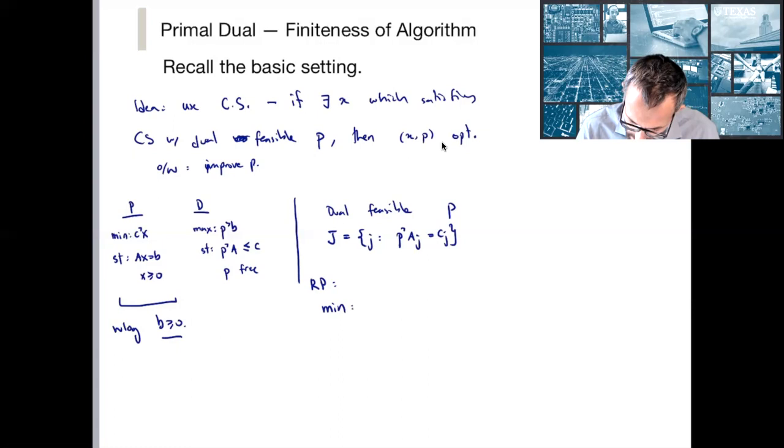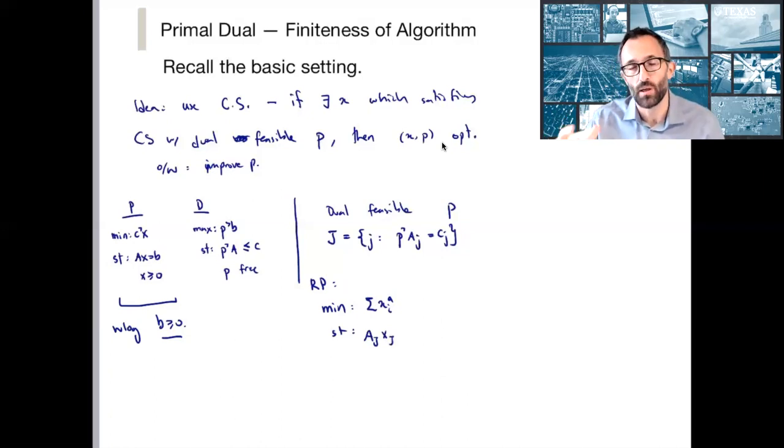So we're going to minimize the sum of some auxiliary variables that are added purely to guarantee that this restricted primal is feasible, subject to, I'm going to use my shorthand notation, A_J x_J. So I basically have not just set to 0 the elements of x that are in J complement, but I've also just removed those columns from A, plus the auxiliary variables equals b.